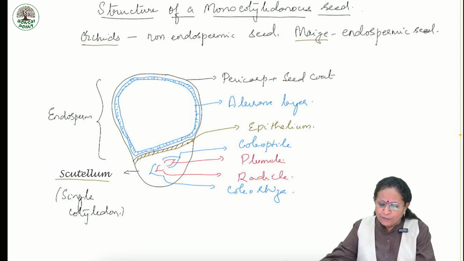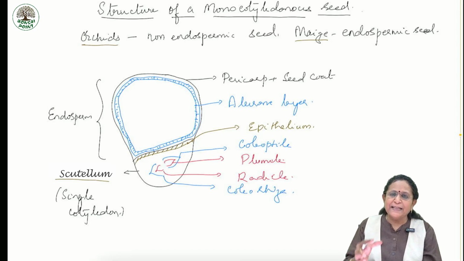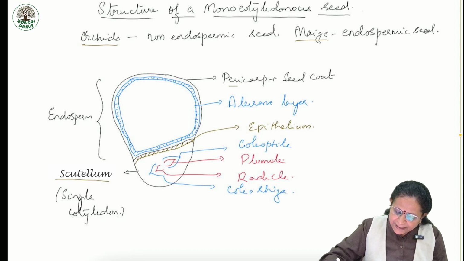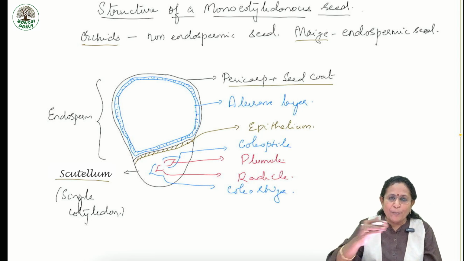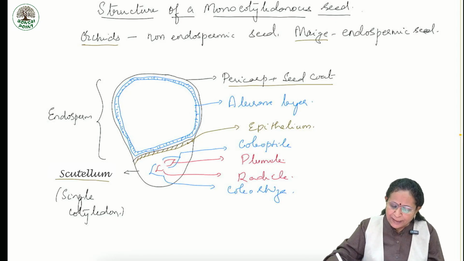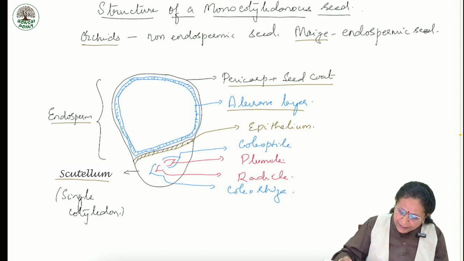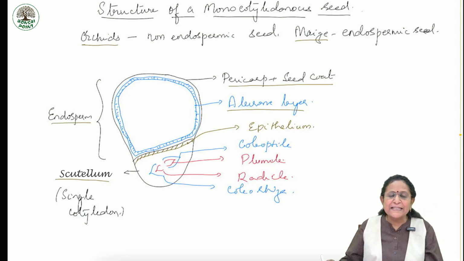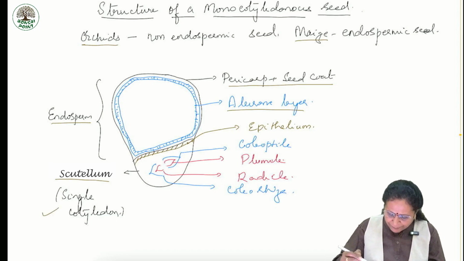In case of maize, we find that pericarp and the seed coat are fused. Thereby, we say that this is a common wall or a common layer. On the other hand, we have endosperm separated from a single cotyledon of the monocot, which is called scutellum.